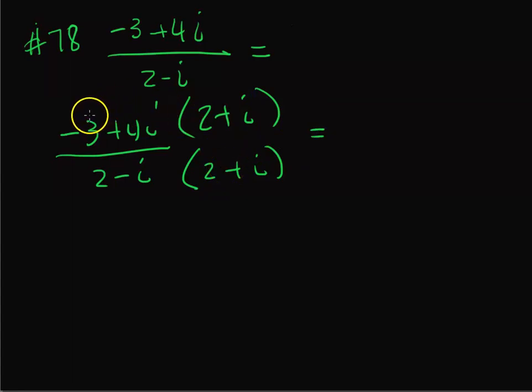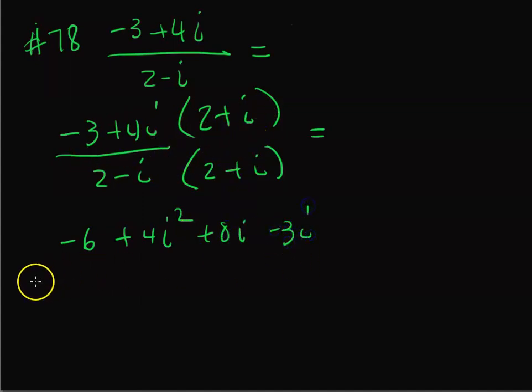See, last time I ran out of room. Negative 3 and 2 is negative 6. 4i and i is positive 4i squared. Now the inner product, 8i, and the outer product, negative 3i. That's our numerator. Now there's a shortcut to this denominator, but perhaps you need to go through it a few times without that just to see. 2 times 2 is 4.